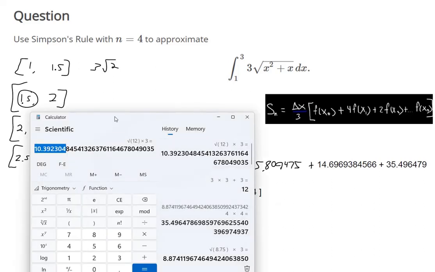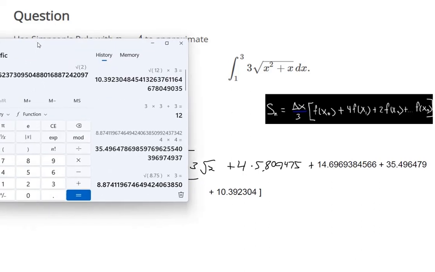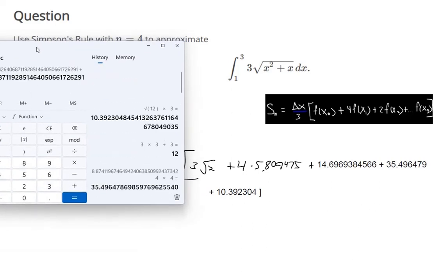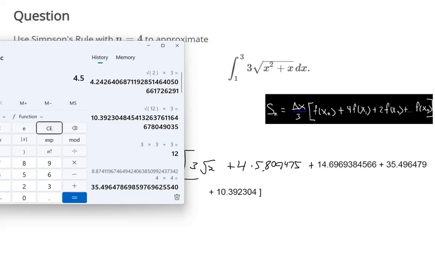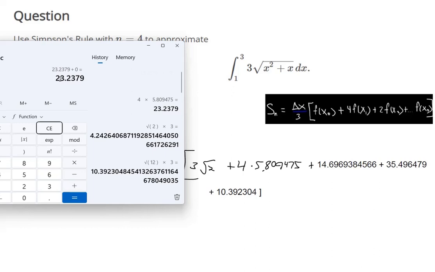Okay, and then once we add those up, we should be all set. So square root of 2 times 3 plus 4. Oh, sorry, I still have to multiply those. Okay, so that 4 times 5.809 is this part.